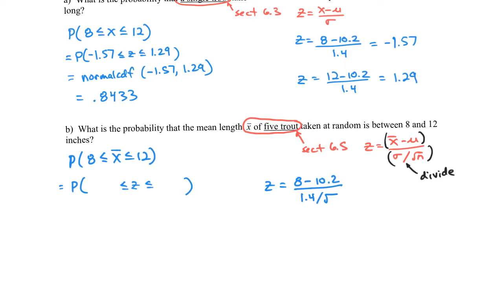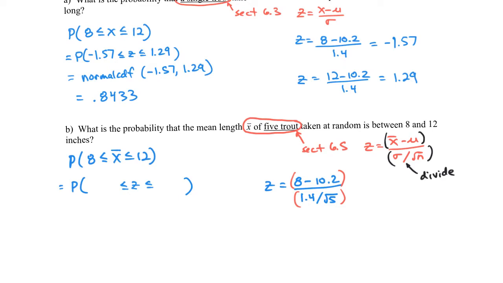N is the sample size, so 5 trout, n is 5, so it's divided by the square root of 5. And again, just be careful here. This would be a good practice one. So whatever you do, don't wait for me to get the answer. Calculate it first and make sure you get the same answer that I'm going to get.